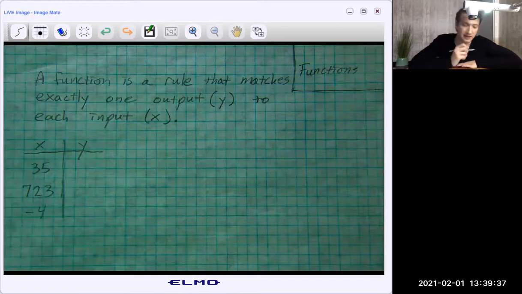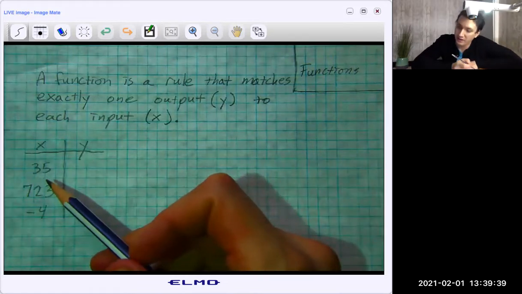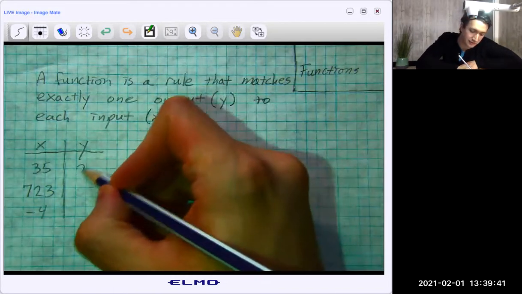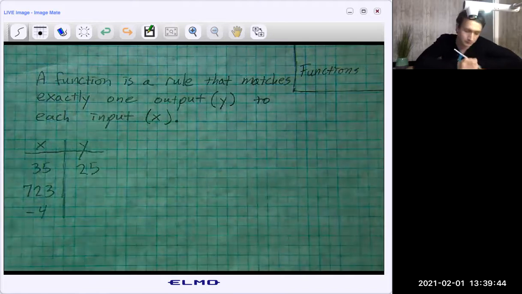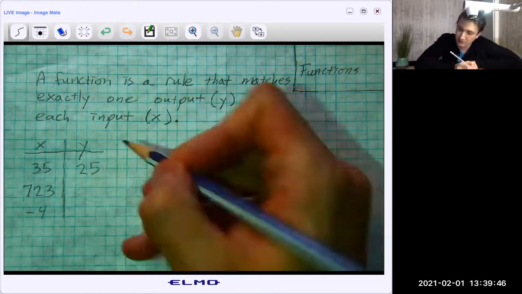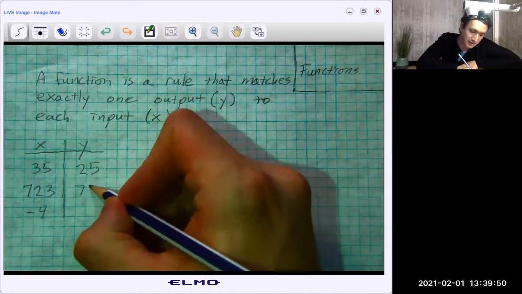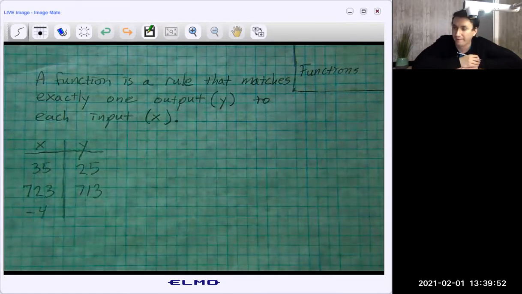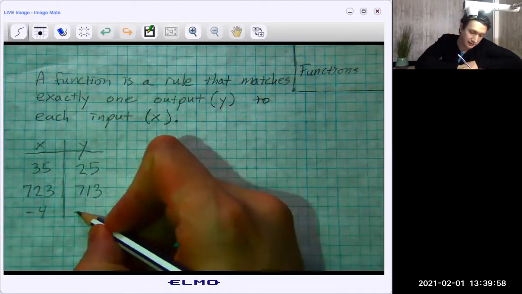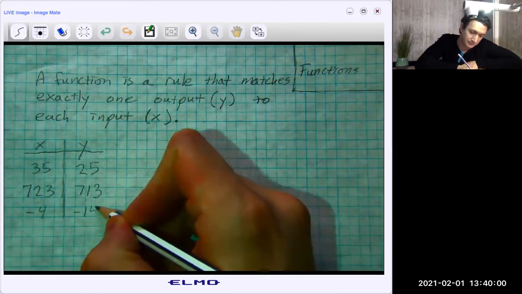So let's say on this thing, we put in a 35 and we get out 25. Let's say we put in 723 and we get out 713. We put in a -4. Let's say we get out -14.